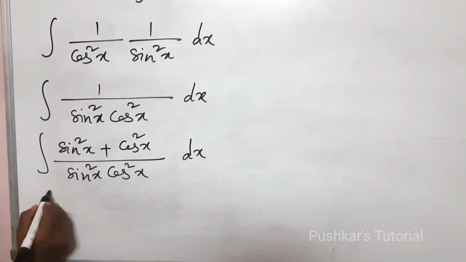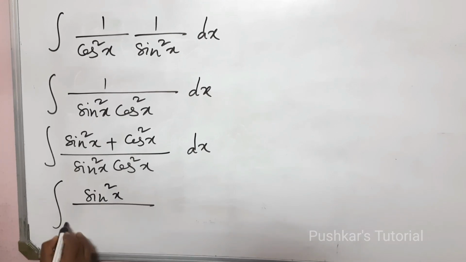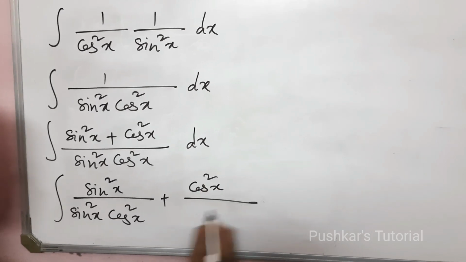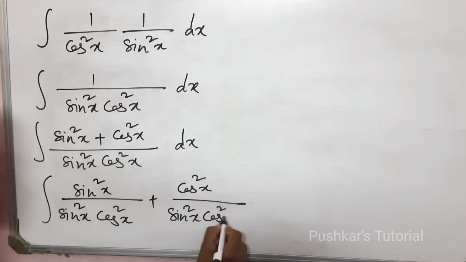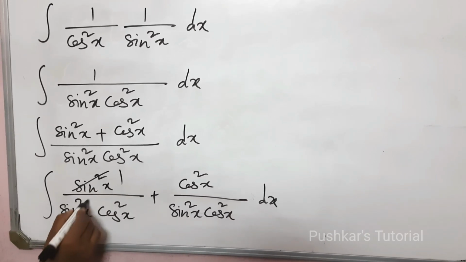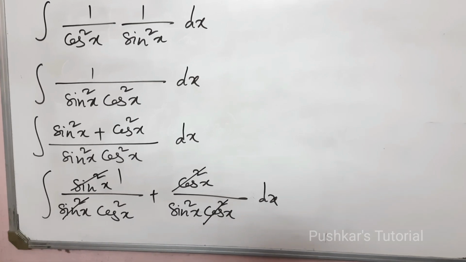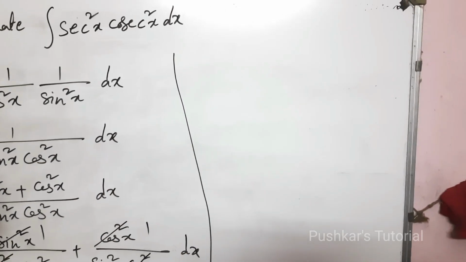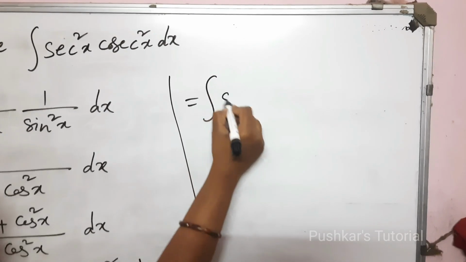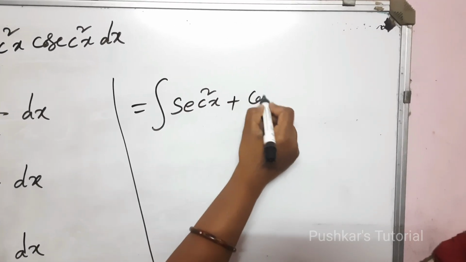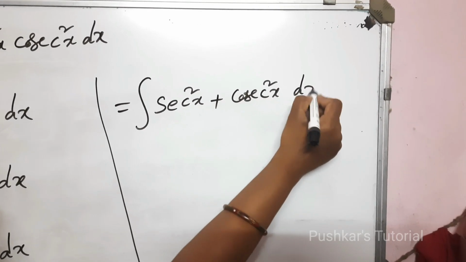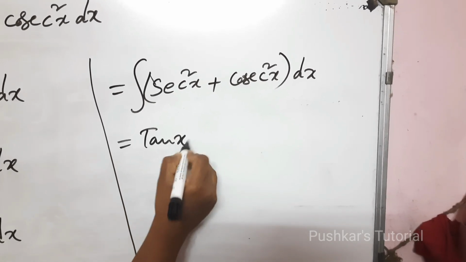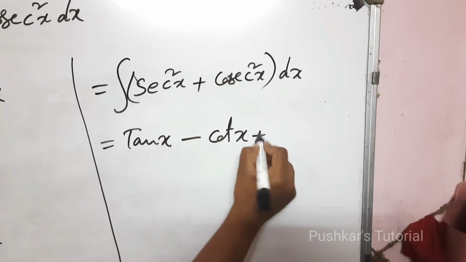Next, doing separate division: the integral of sin² x by sin² x cos² x plus cos² x by sin² x cos² x, into dx. Here sin² gets cancelled, and here cos² gets cancelled. What is left is 1 by cos² and here 1 by sin². 1 by cos² is sec². So it is the integral of sec² x plus the integral of cosec² x into dx. So here the integral of sec² x is tan x, and here minus cot x, plus c.